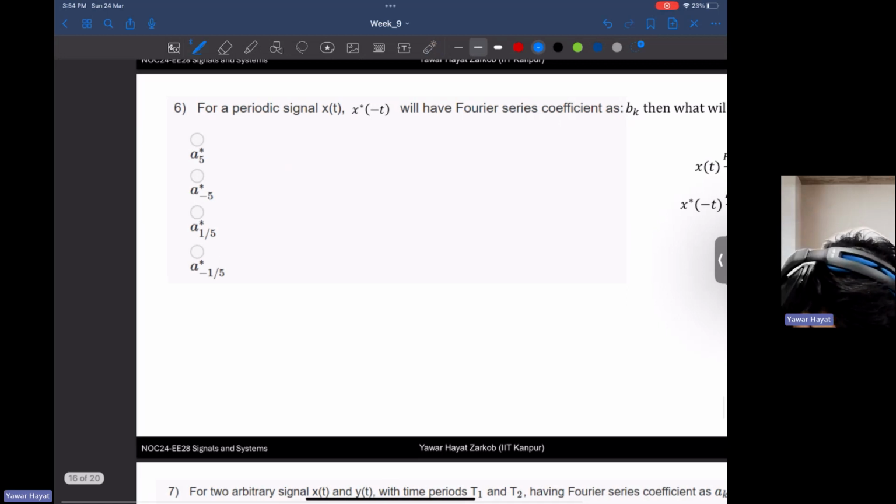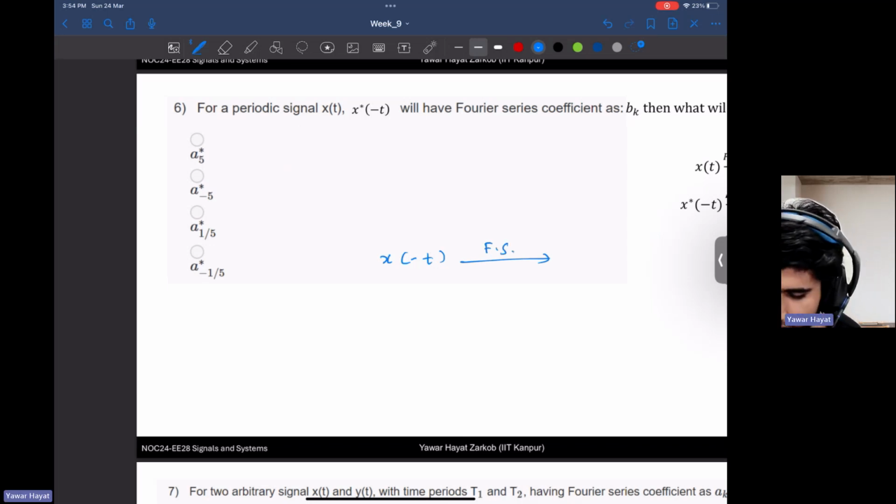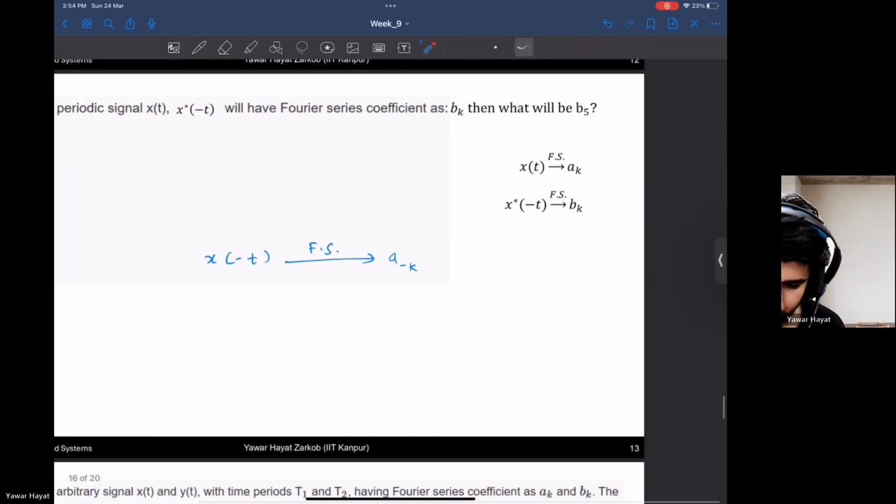See, this is something that is known, that the Fourier series coefficient of x of minus t would be a minus k, where ak is the Fourier series coefficient of x of t. If we time reverse the signal, we need to replace their k indices by minus k.